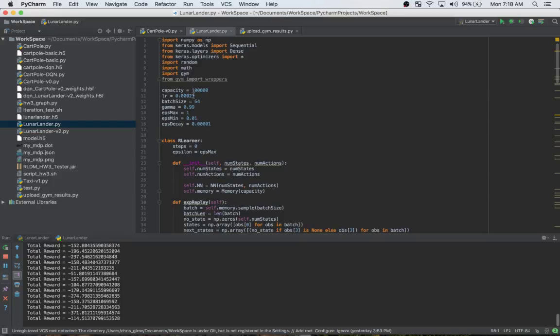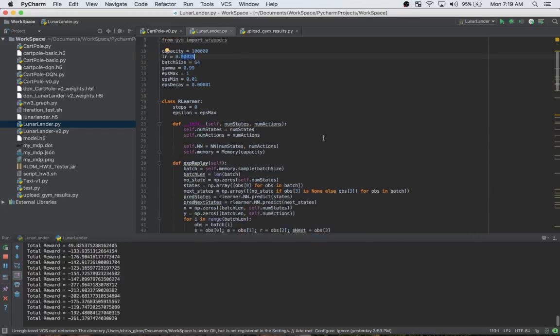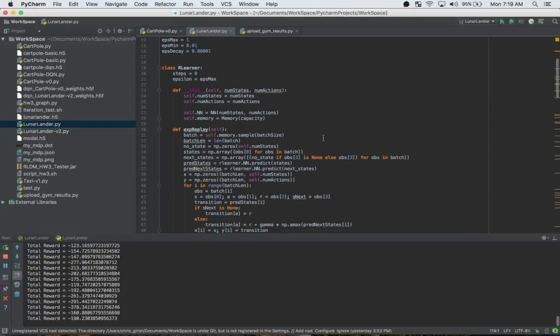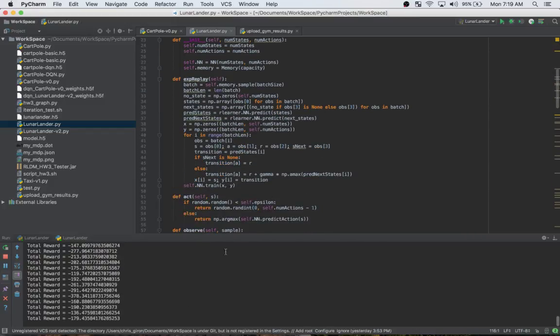The lower this is, the more consistent it was. The higher the loss or learning rate in the neural network got, the less consistent it went, so I kept it pretty low. Gamma stayed the same. There are so many different things I could have tried, or it just takes a while to even train this thing.